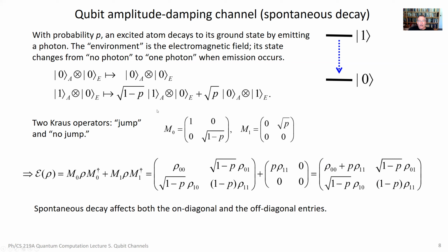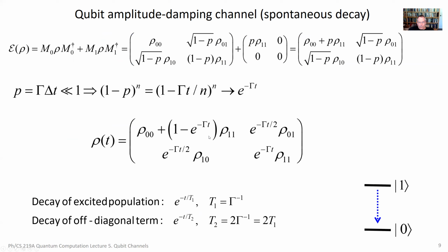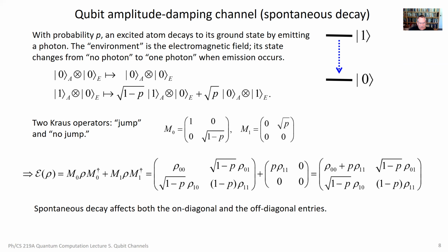When there's no photon, that means that if we were in the state 0 of the atom, then nothing happened. But if we were in the state 1, it got suppressed by the factor square root of 1 minus p. That's the square root of 1 minus p here.